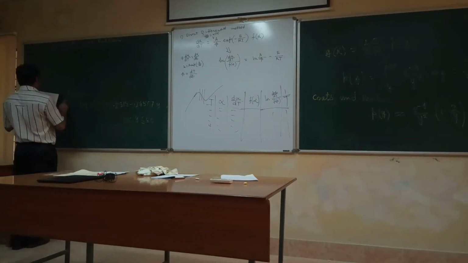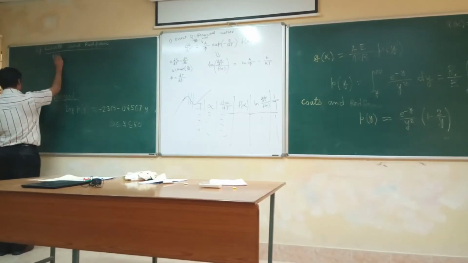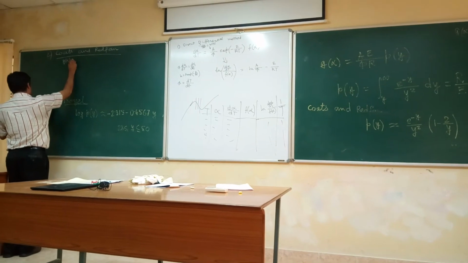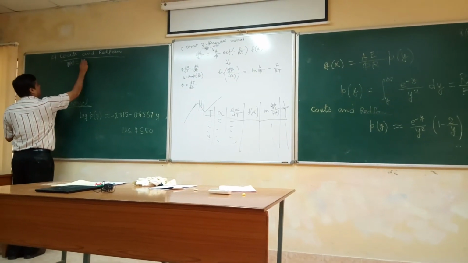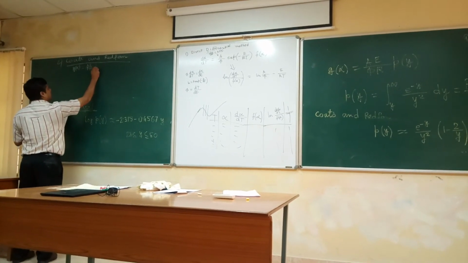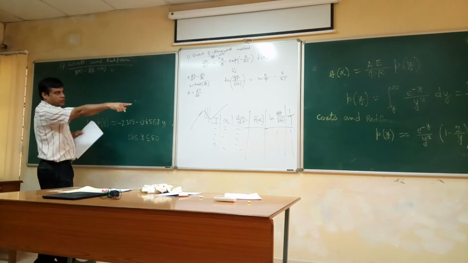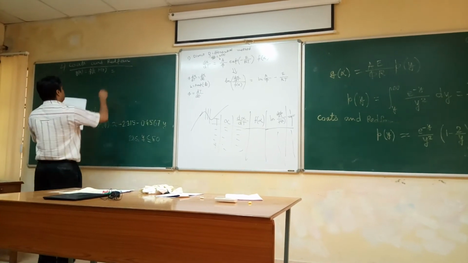Which says G(α) equal to, our main equation was this, AE over φR, then p(y). So they use the Coats and Redfern approximation for p(y).